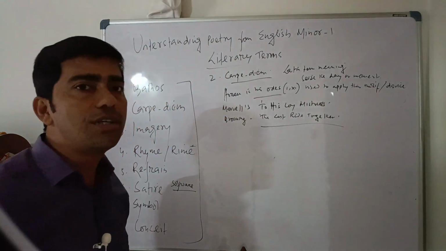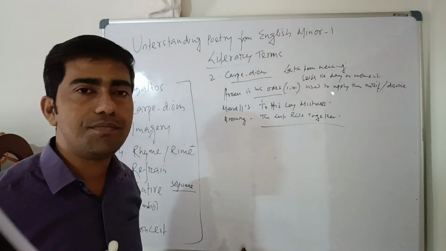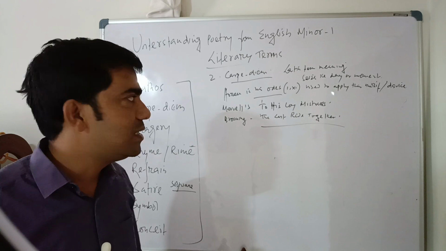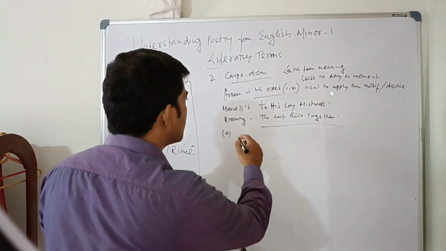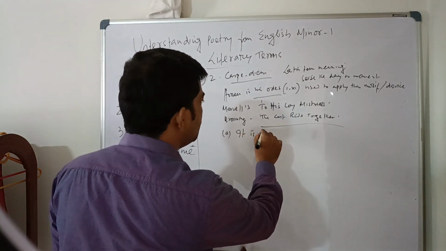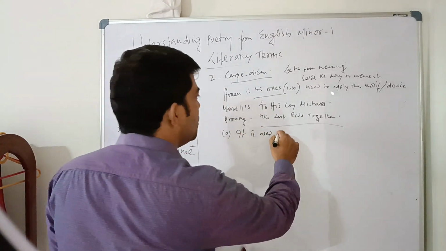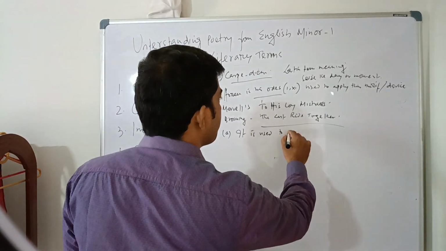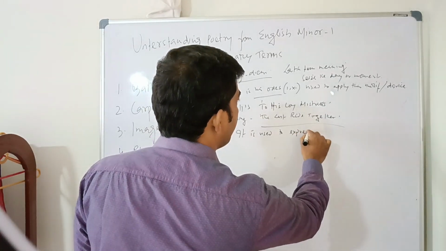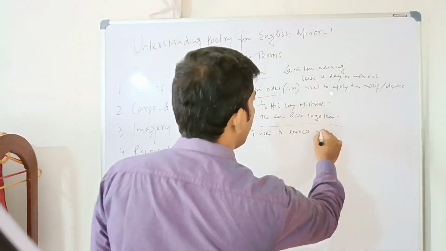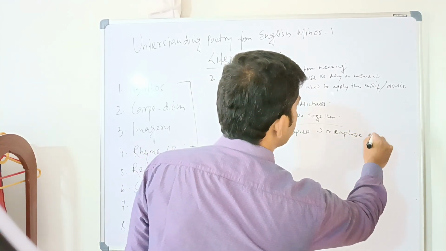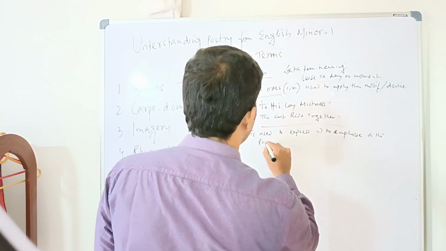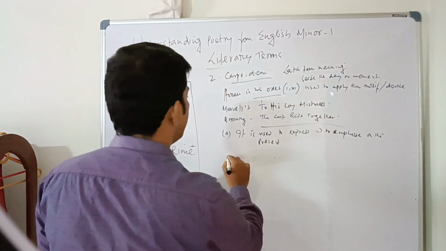Also there is the motif of carpe diem. Got it? So the main feature of carpe diem is that it is used to express and to emphasize the present.